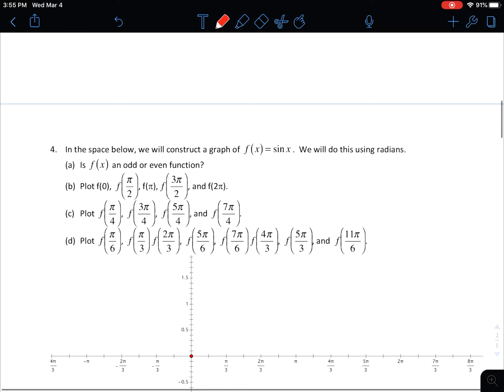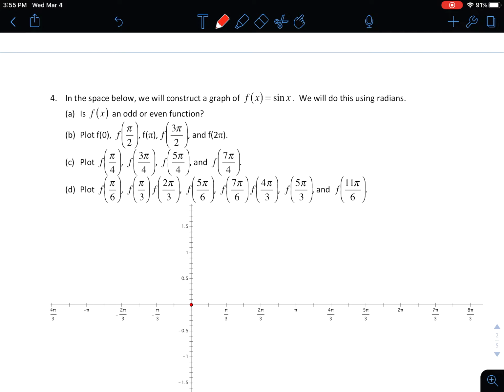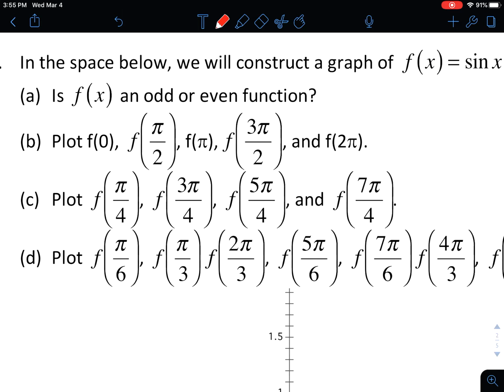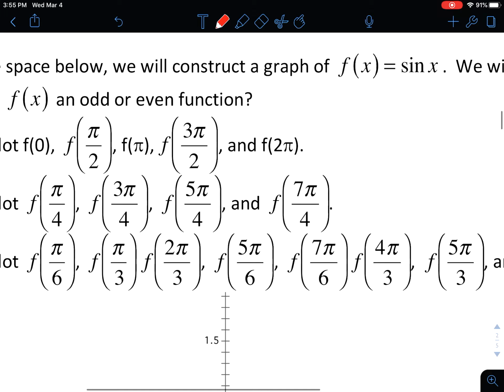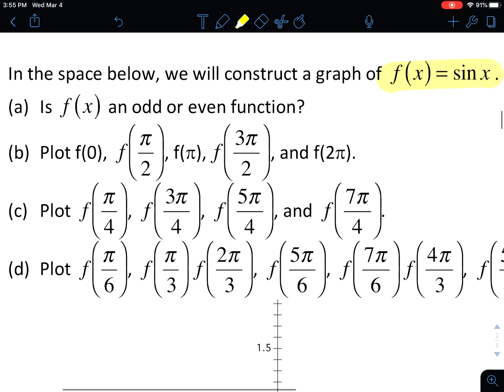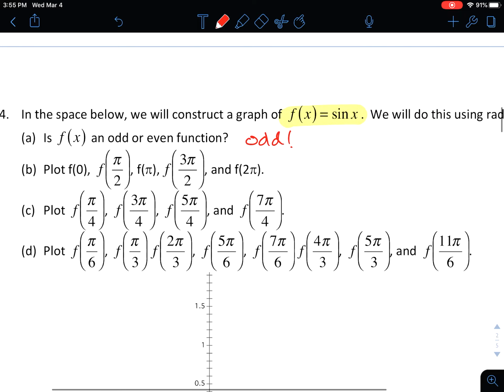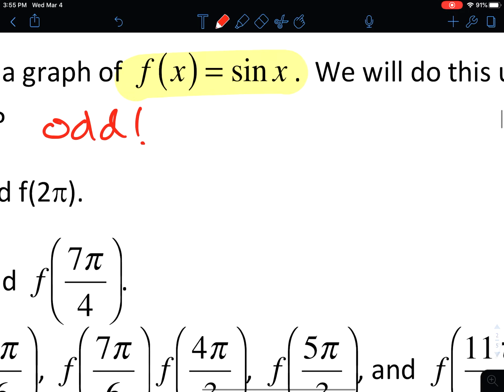So, here we are with sine. And we are going to eventually graph the sine function here. First things first, f of x is sine x here. Is it an odd or an even function? Well, we just proved to ourselves that it is an odd function. And that means that it'll also have a certain kind of symmetry.